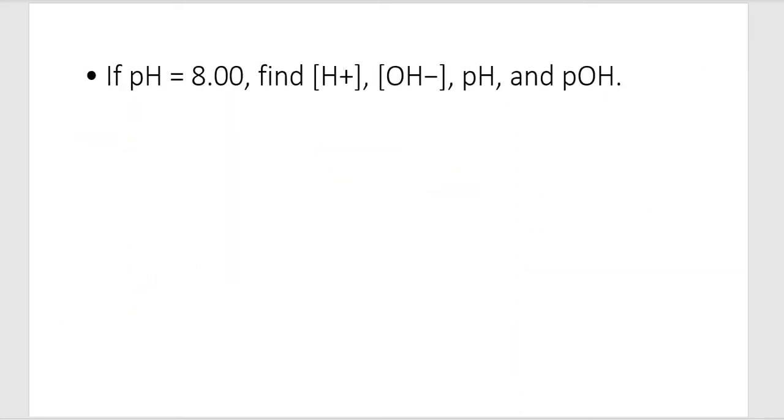All right. Last two examples, we have the pH this time, and so in this case, we're starting at the bottom left. We're trying to find both concentrations. We don't have to find the pH, but we do need to find the pOH. So let's go in order. Let's find the hydrogen concentration first.